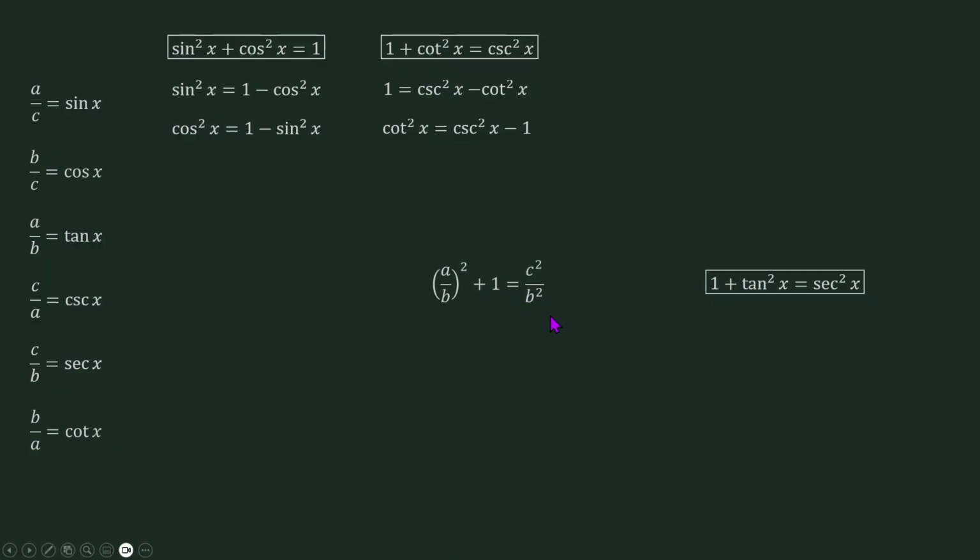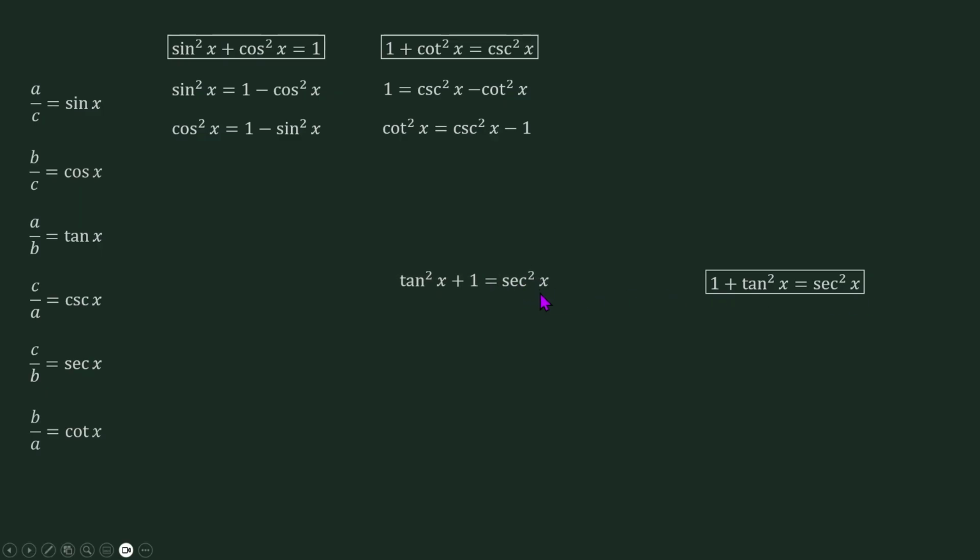C square over b square will become c over b to the power of 2. So a over b will replace it as tangent x. And then c over b is secant x. So furthermore rewrite it as tangent square x plus 1 is equal to secant square x.